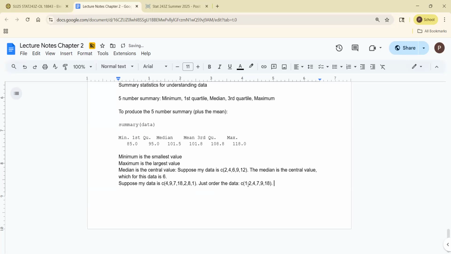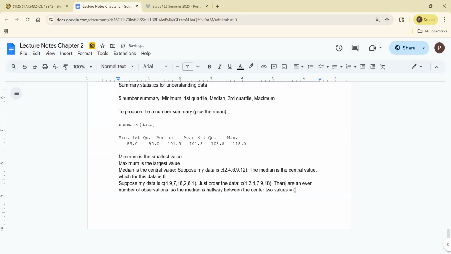And then I find the central value. So the easiest way to do it, I find when you do it by hand, is count in from the outside. So 1 and 18, 2 and 9, 4 and 7. Notice in this case, there are an even number of observations. So the median is halfway between the center two values.